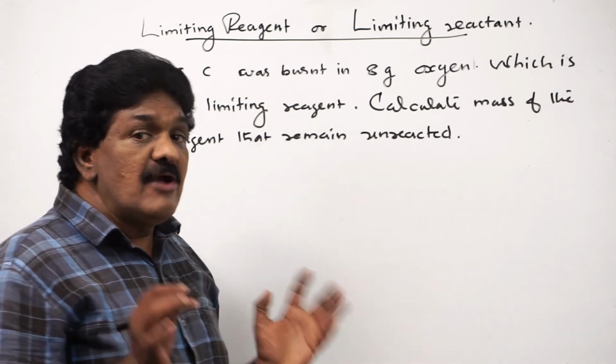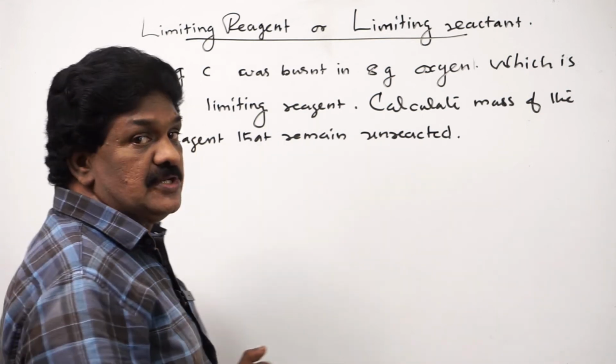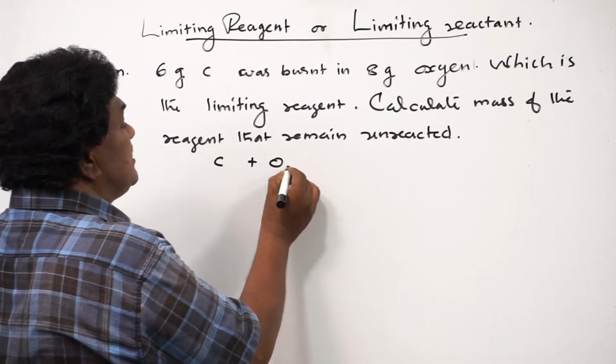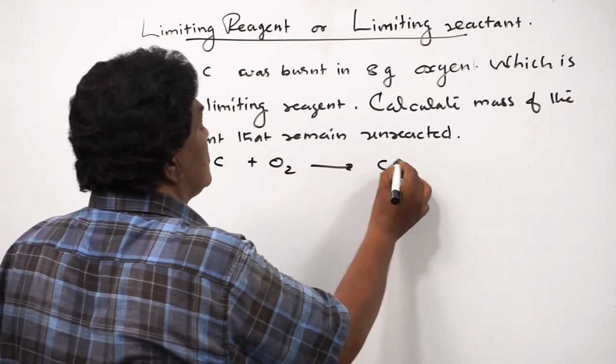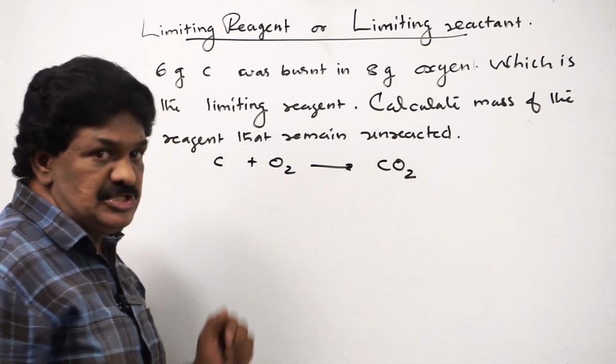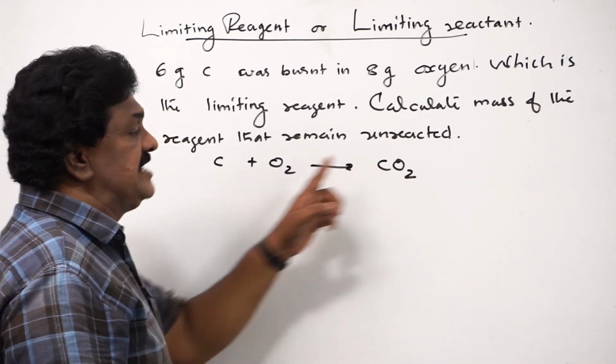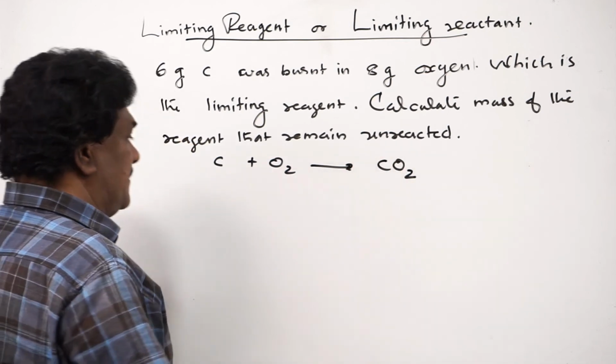First of all, we have to represent a balanced equation for the process. Carbon burns in oxygen forming carbon dioxide. This equation is balanced. 1 carbon here, 1 carbon, 2 oxygen atoms and 2 oxygen atoms.